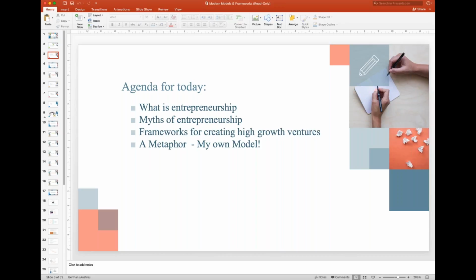Some high productivity frameworks for creating high growth ventures, and we'll talk briefly about what is a high growth venture, and my own model, a metaphor, if I might.